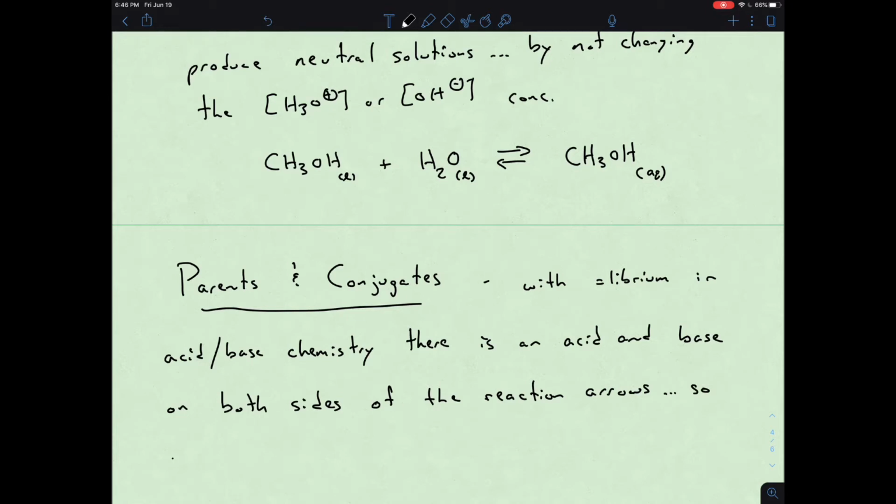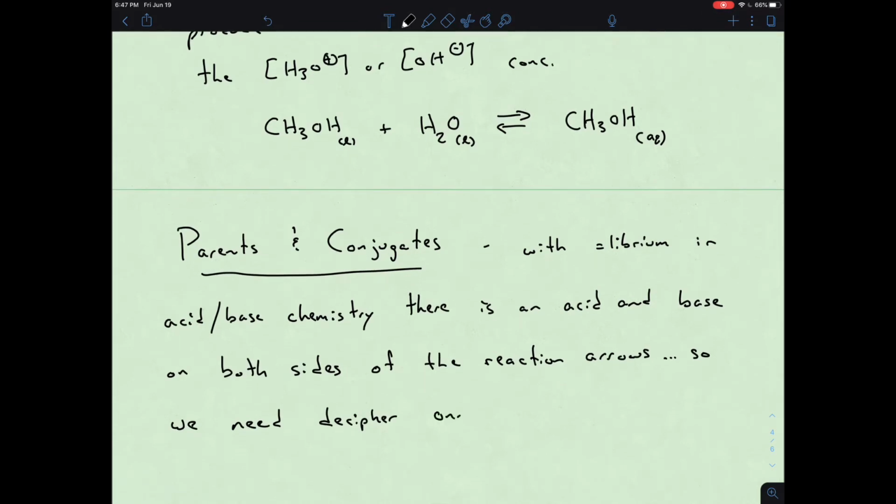So, we need a way to decipher one from another.